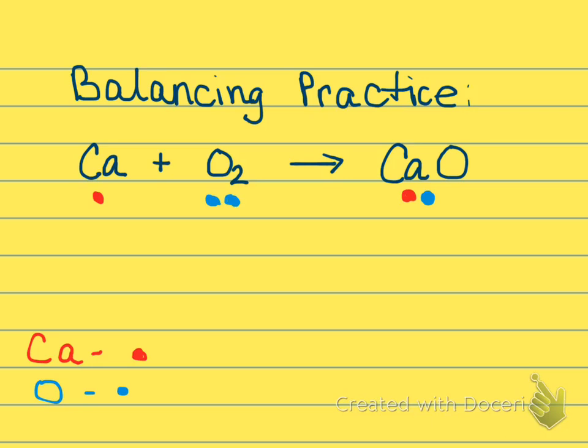So what is out of balance? If we look, I have 1 red on each side, but over here I have 2 blue, and only 1 blue on the other side. To start out, I need to add another blue. I can't just add a blue though. I have to add the whole molecule, a whole calcium oxide. Now I've got 2 blue on my product side, 2 blue on my reactant side, but now I have 2 red also, so I have to add a second calcium atom.